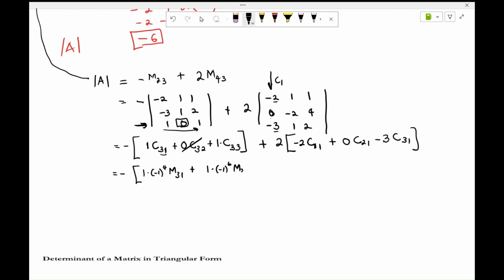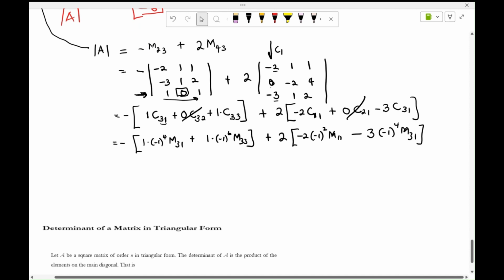Then M33 plus, this is 2 bracket, this is minus 2. You'll have minus 1 to power 2 times M11. This also will go. Then minus 3 times minus 1 to power 4 times M31.